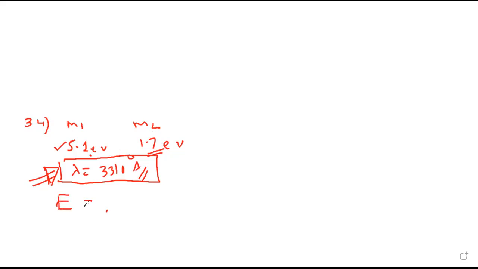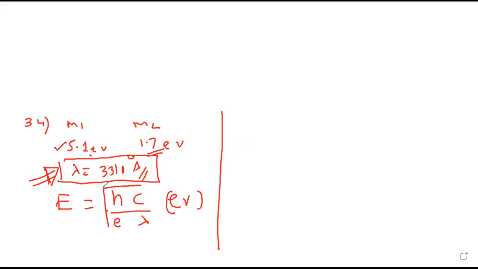Yes. So energy of photon emitted is hc by lambda. If I divide by e, it will become electron volt. Have you followed this? Yes, sir. What is the value of hc upon e? 12.43 into 10 raised to minus 7.